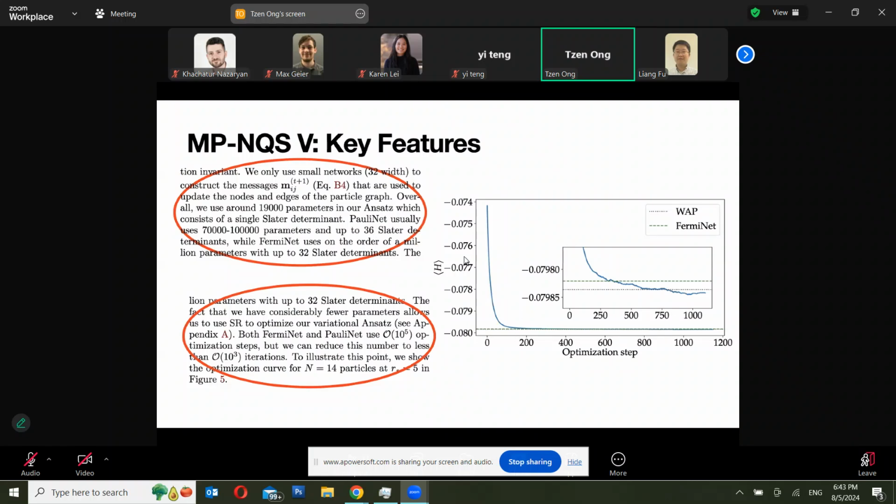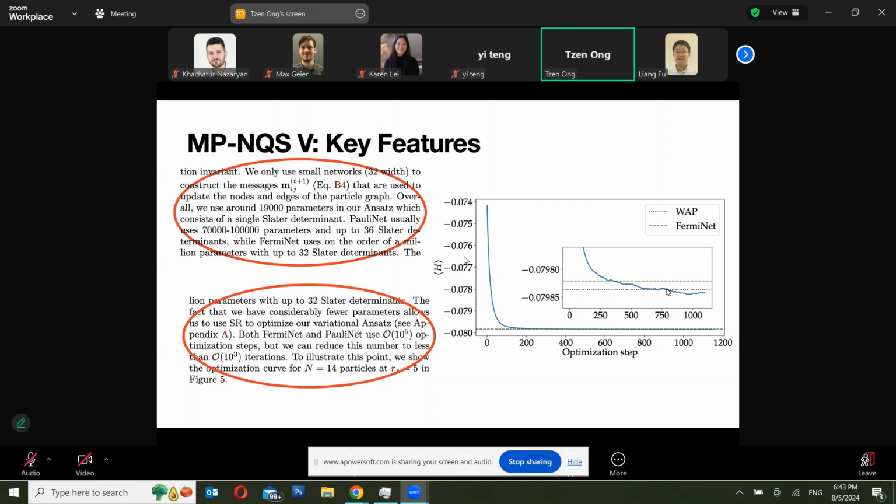Numerically, they back it up by showing that they use only 20,000 parameters as compared to about 1 million parameters for Ferminet, which uses 32 Slater determinants, while they only use 1 Slater determinant. And Ferminet, they claim, needs about 100,000 epochs or cycles to converge, but they only need about 1,000 cycles.